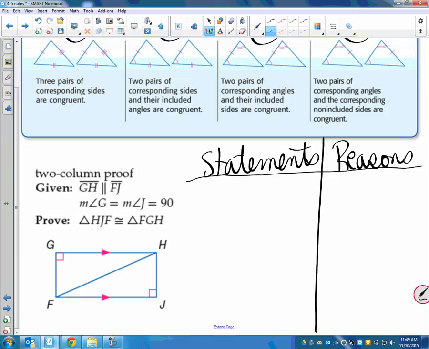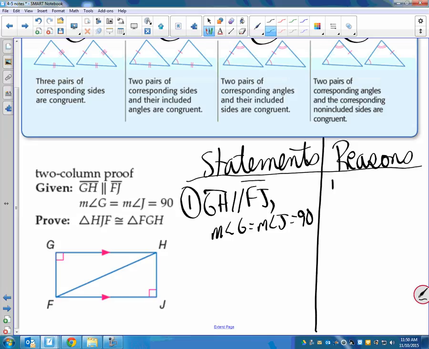I think there's 2 ways you can prove this. I think there should be more.